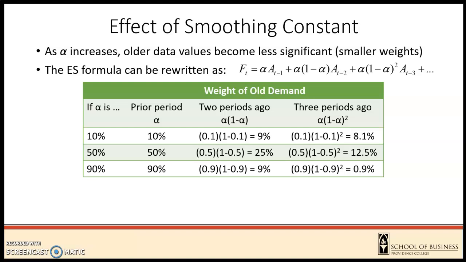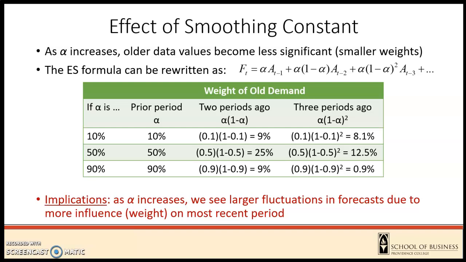So realistically, with an alpha value of 0.9, the only data that's going to matter is just the last 2 months. Anything 3 months and later has no appreciable effect on that forecast.